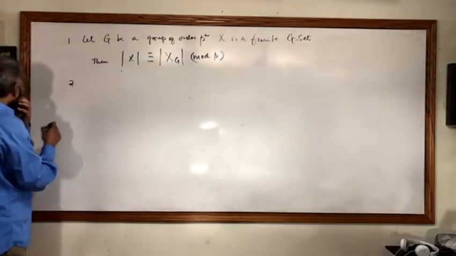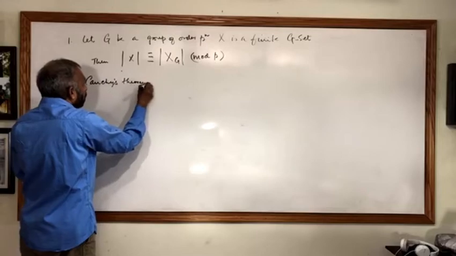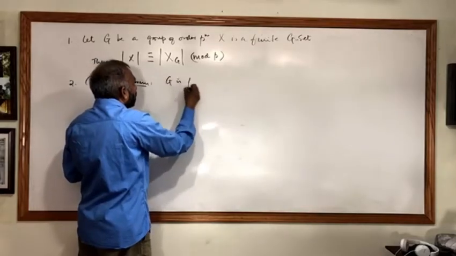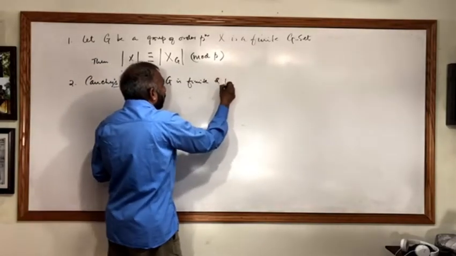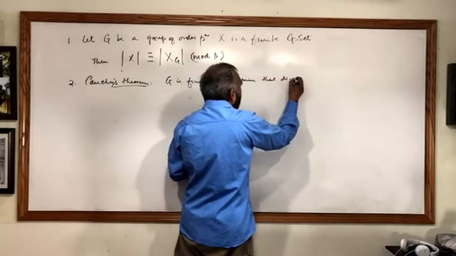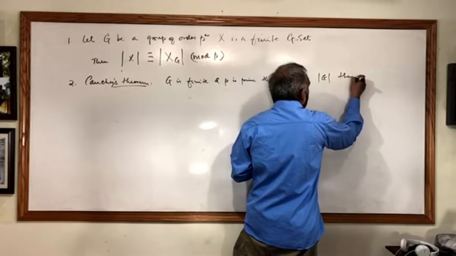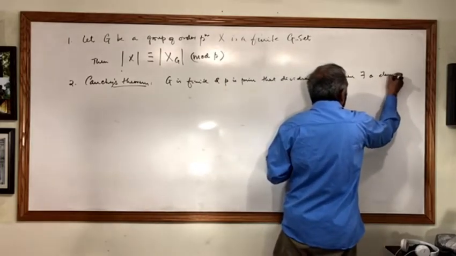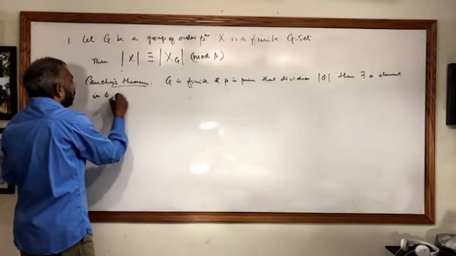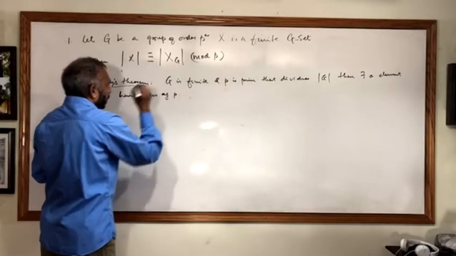The second one is Cauchy's theorem. That says that G is finite and p is a prime that divides the order of G. Then there exists an element in G that has order p.